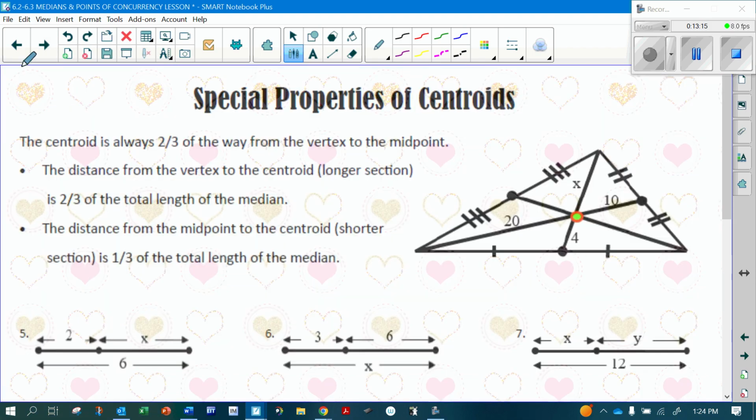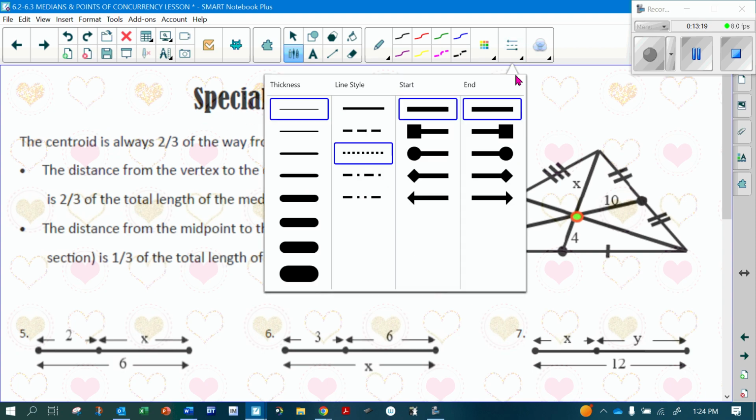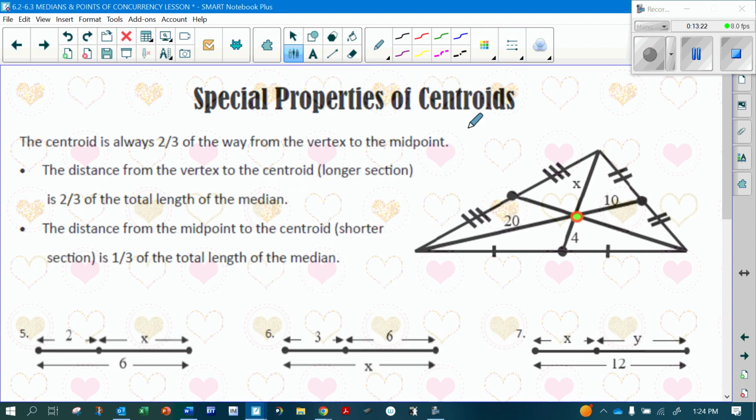All right, so the special properties of centroids. When I was telling you that it's 2/3 of the way, I want you to think about 2/3 of the whole thing. So the distance from the vertex to the centroid, the longer piece, is 2/3 of the total. And the shorter distance is 1/3 of the total. So let's look at this one right here.